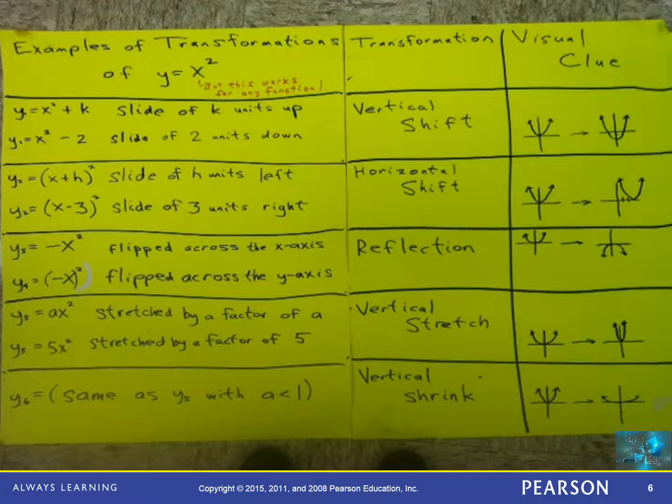So it's just a bunch of transformations on the parabola, upward opening, vertex at the origin. A simple function with simple examples of transformations applied to y equals x squared.